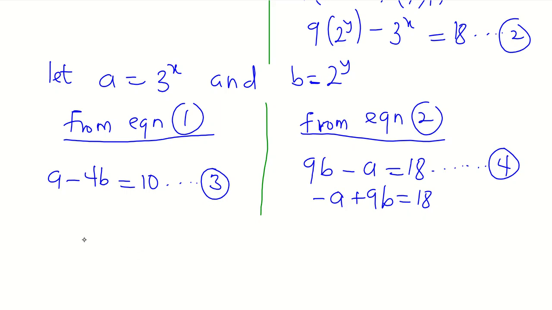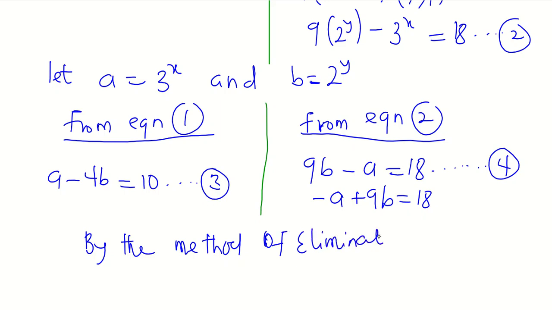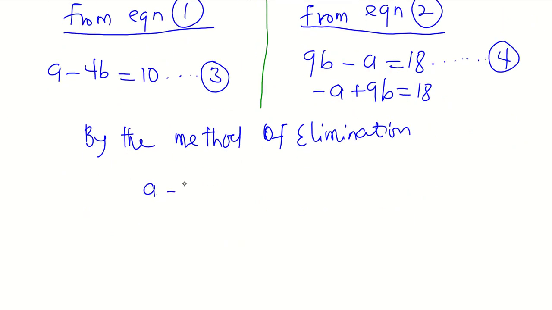So by the method of elimination, we have a minus 4b is equal to 10, and minus a plus 9b is equal to 18.